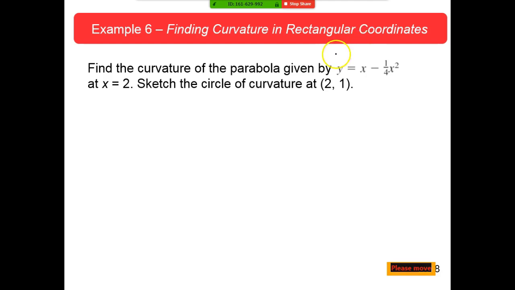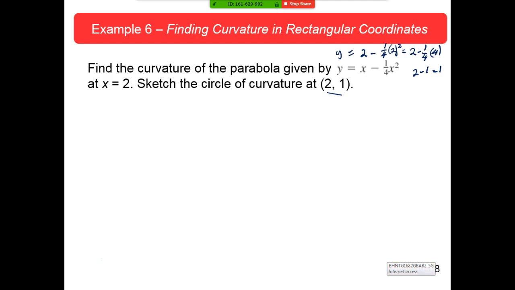So let's do that here. y is equal to 2 minus 1/4 times 2 squared, and that would be 2 minus 1/4 of 4, which is, of course, 2 minus 1, which is 1. So sure enough, this is the right point, 2, 1. That's where the parabola is when x equals 2, the y value is 1. It says find the curvature there.